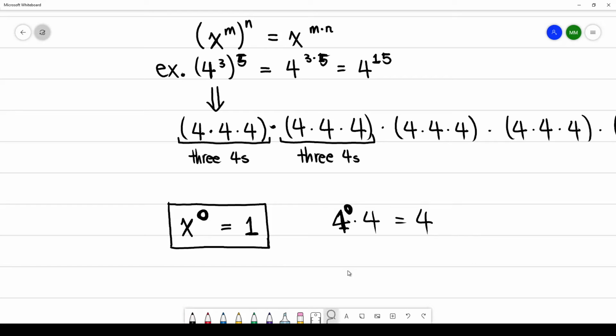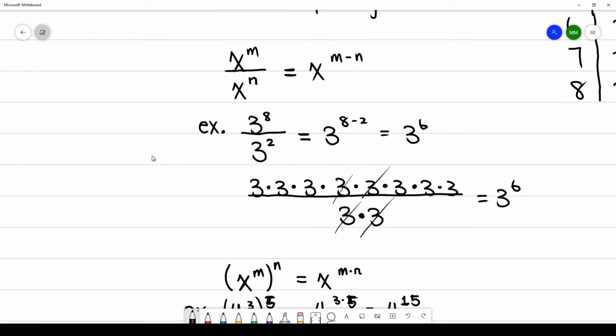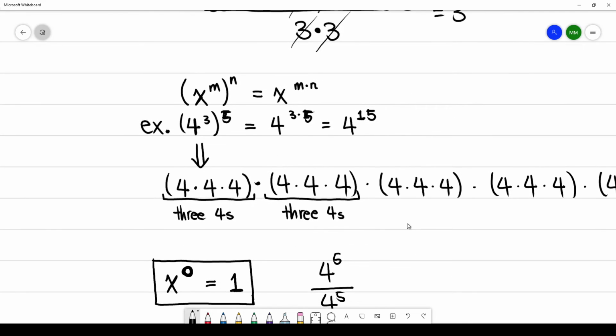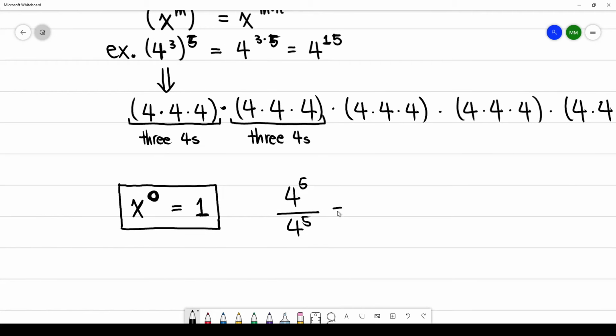And you can actually prove this by division. When you have 4 to the 5 divided by 4 to the 5, according to our rule over here, that's equal to 4 to the 5 minus 5, so that's 4 to the 0.